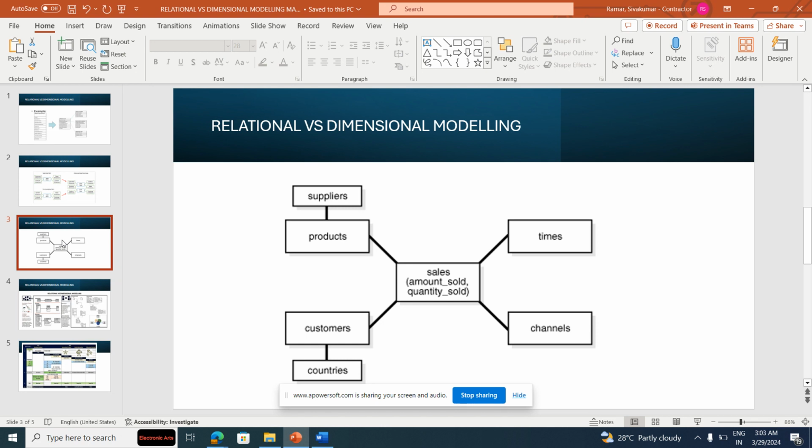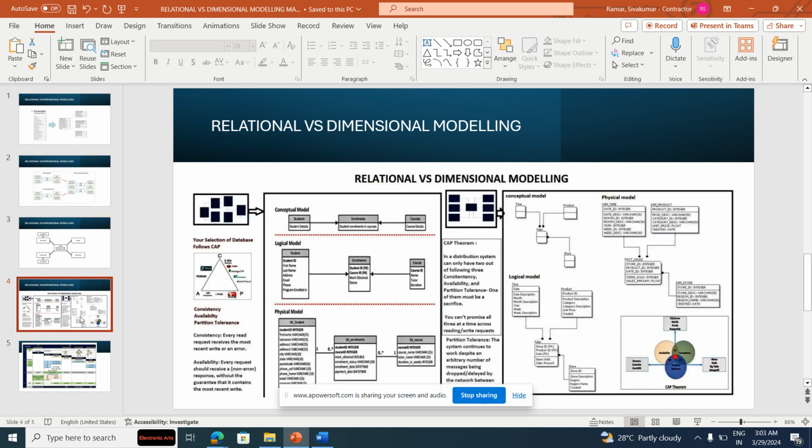One more level here means the product is an extension to another dimension, supplier. Same with the customer, extended to the countries where they belong. So this is a typical example of a snowflake schema.